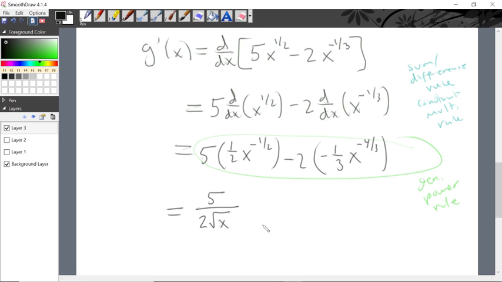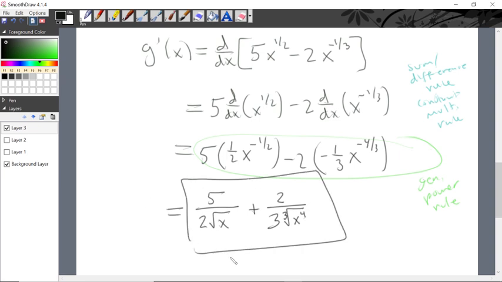And this one over here, we're going to have a plus 2/3, then we have our x in the denominator with a power of 4/3. That can be written as x to the 4/3, or it could be the cube root of x to the 4th. So this might be one way we would expect to see a nice simplified answer.